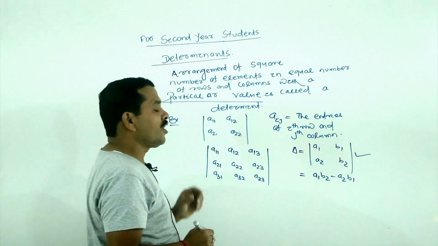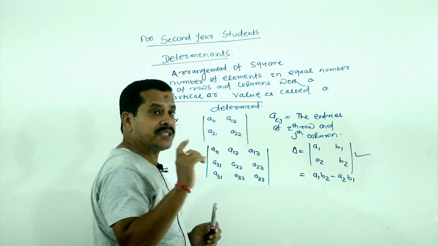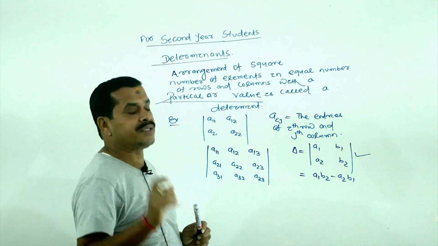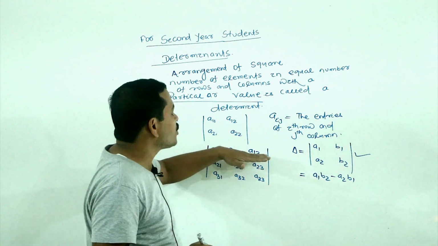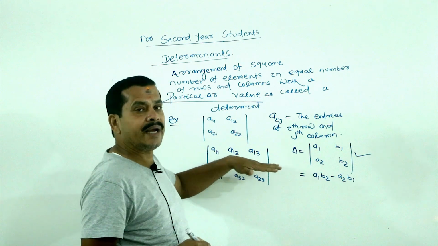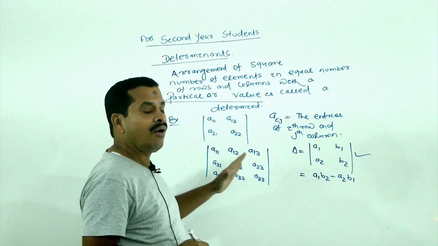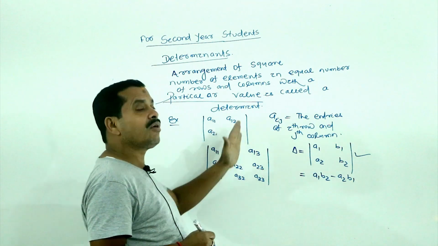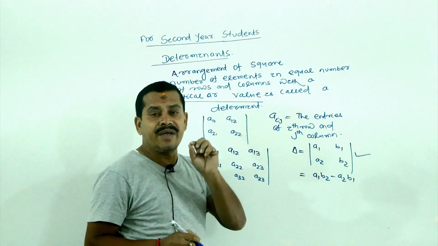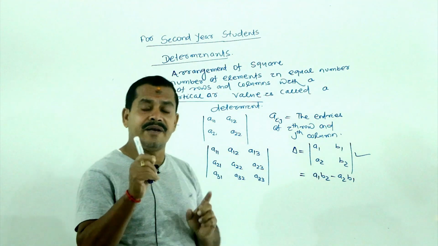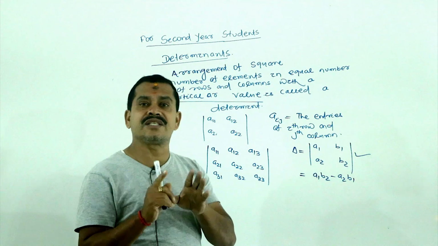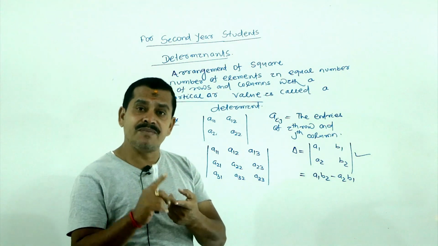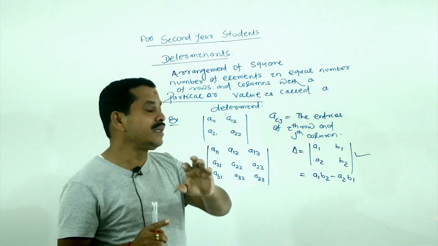But a third order determinant can be expanded in 6 ways, either in first row or in second row or in third row, or by first column, second column or third column. So a third order determinant can be expanded in 6 different ways, but it is a unique value.